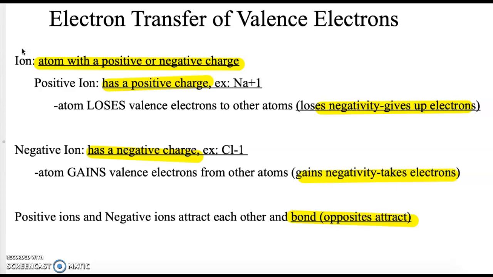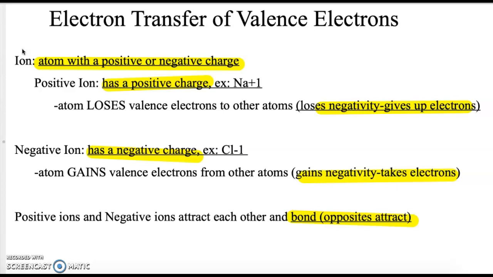Remember, electrons are negative. So if you lose the electrons, you're going to lose the negativity. And if you are a negative ion, you will have a negative charge because negative ions gain electrons. So if you gain more electrons, you're going to become more negative because you're getting more negativity.